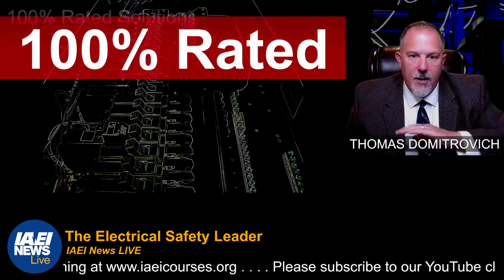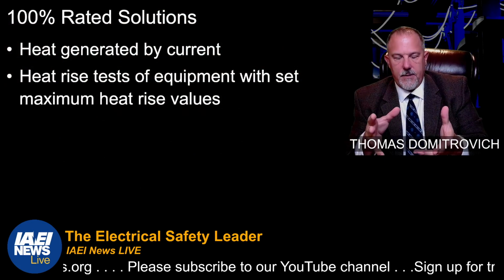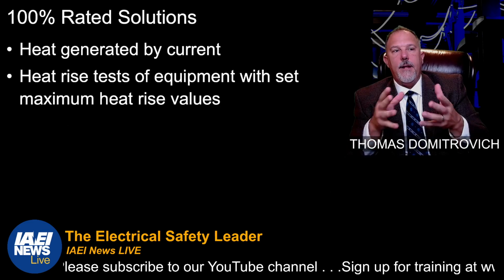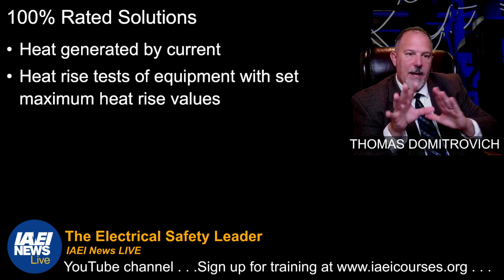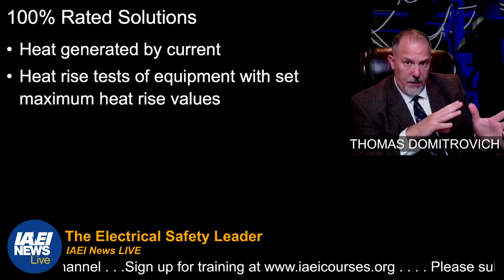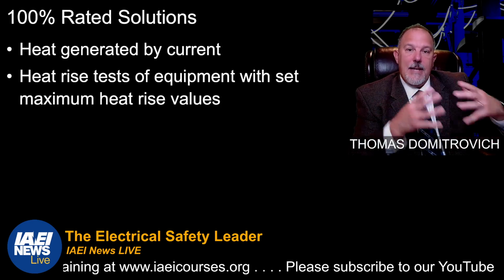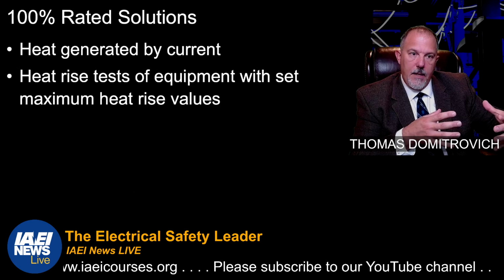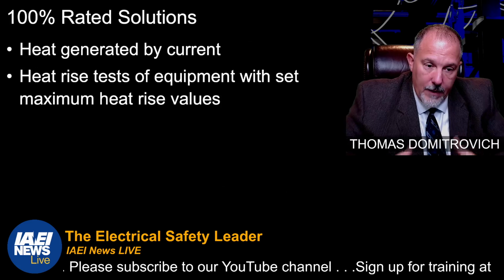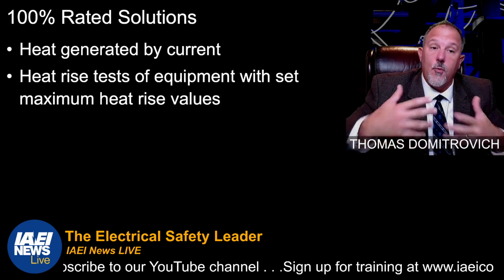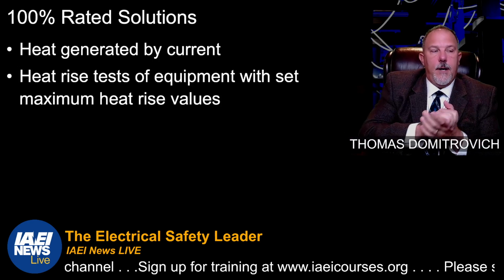Let's talk about 100% rated breakers. When we think about overcurrent protective devices and the whole concept of 80% versus 100%, think about the heat that is generated inside of the enclosure. At certain places inside of that enclosure, we will measure temperature.